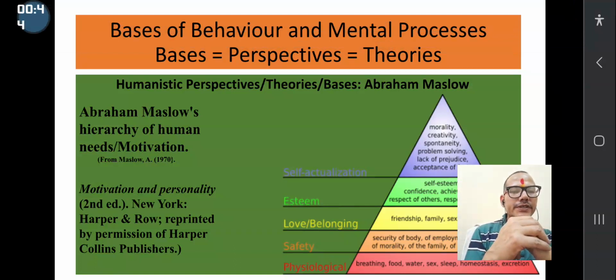The humanistic theory of psychology attempts to understand the behavior and mental processes of human beings in terms of motives and needs.